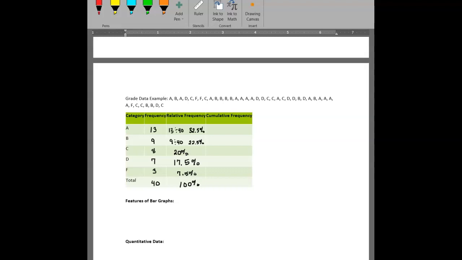Now for the cumulative frequency, the first one is just 32.5%. Now for this next one, we're going to have 32.5 plus 22.5, which is going to give us 55%.